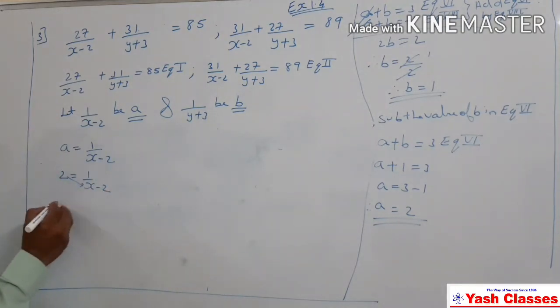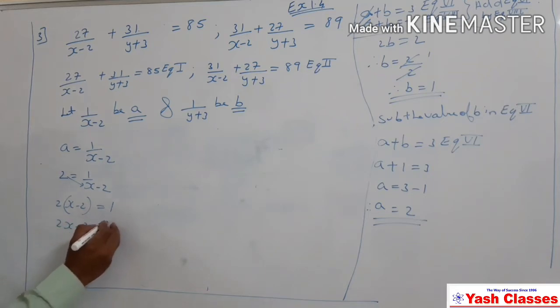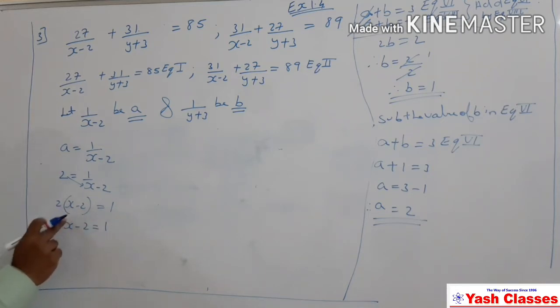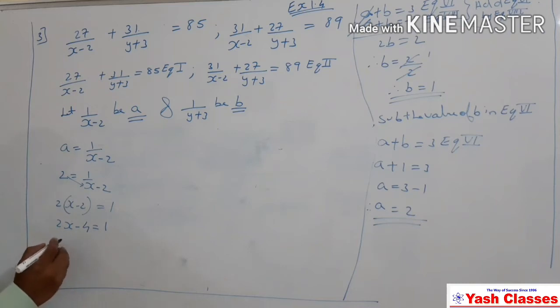Cross multiplication: 2 multiplied by x minus 2 is equal to 1. 2 into x is 2x, 2 into 2 is 4. Now 2x minus 4 is equal to 1.